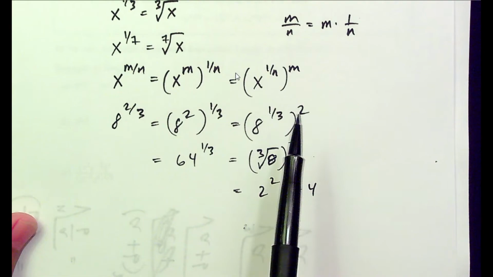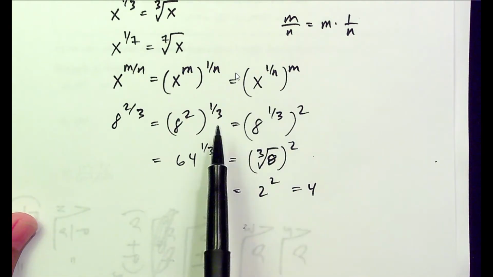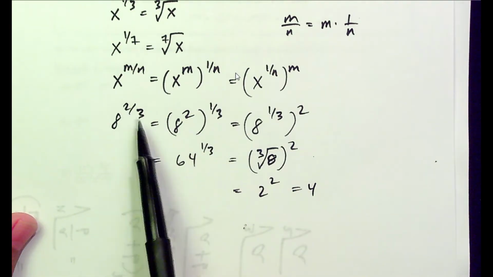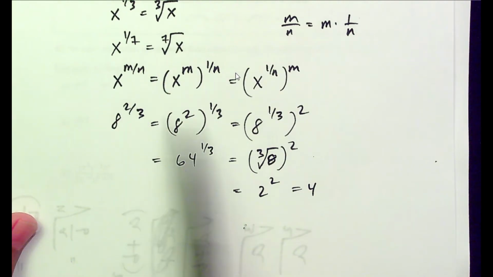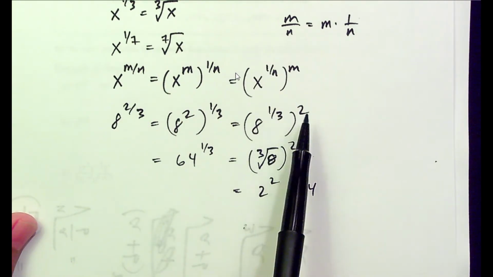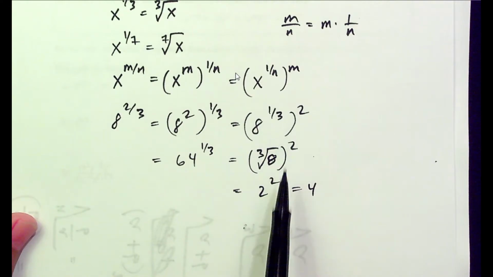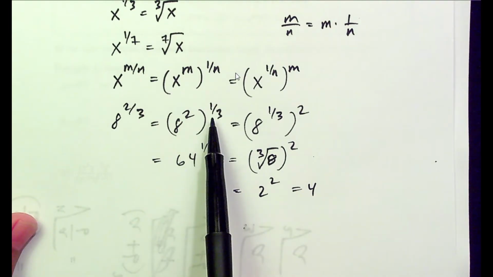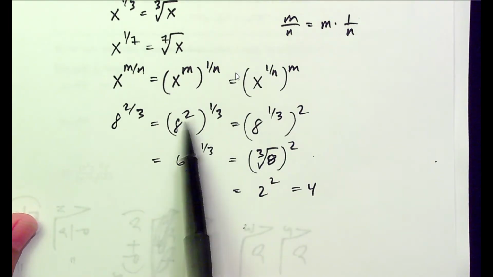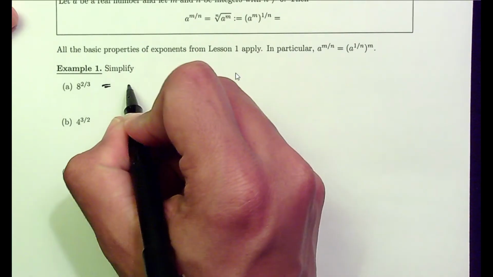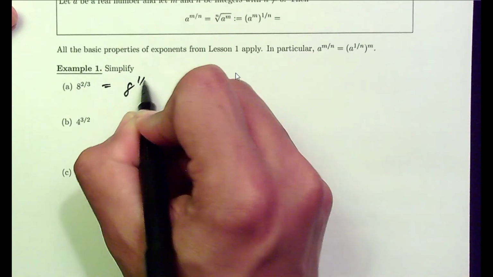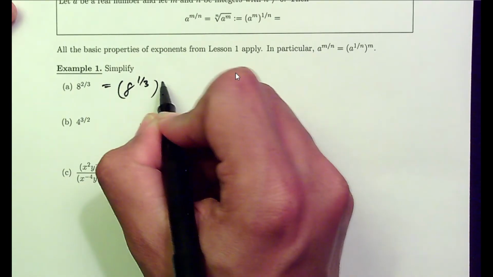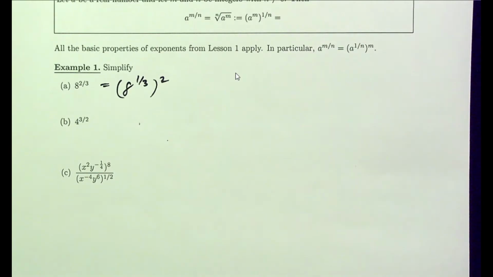So in general, I would suggest that doing the root part first and then the numerator part is the way to go when you're doing this without a calculator, instead of the numerator part first and then the denominator part, because that makes the numbers big real quick. So I would always do the denominator part first and then the numerator part.